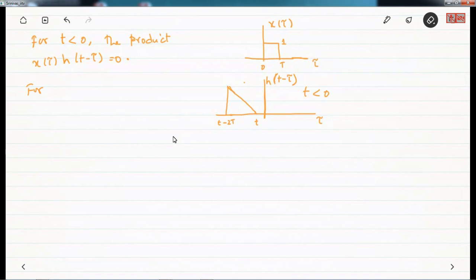Right. So for t greater than 0, it will move to the right.